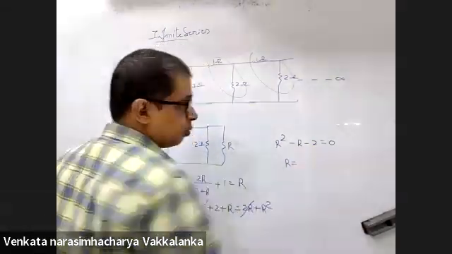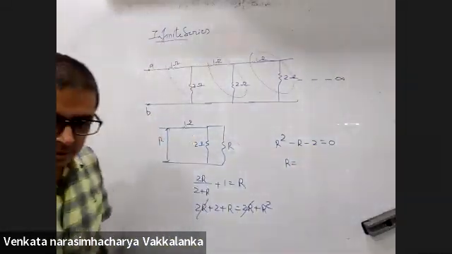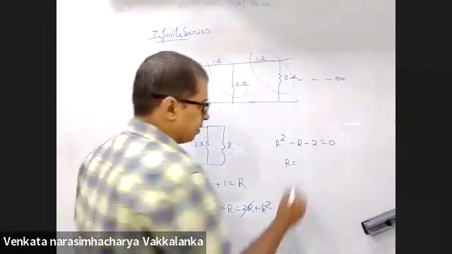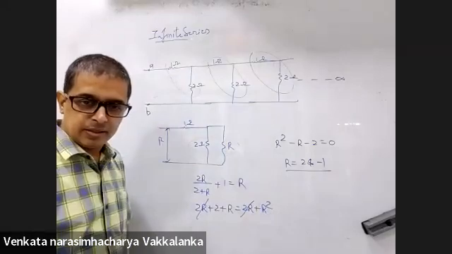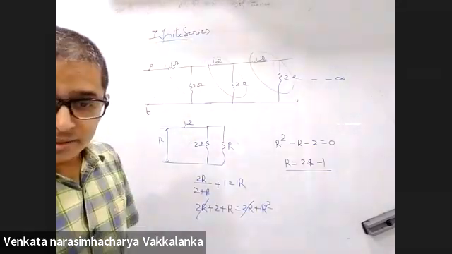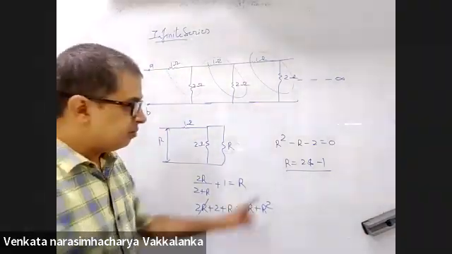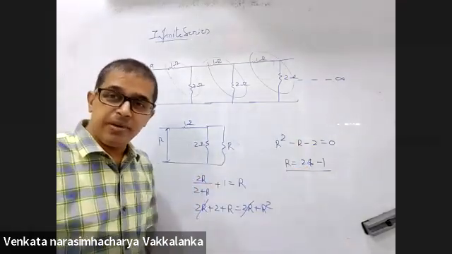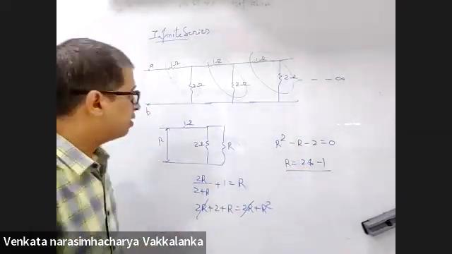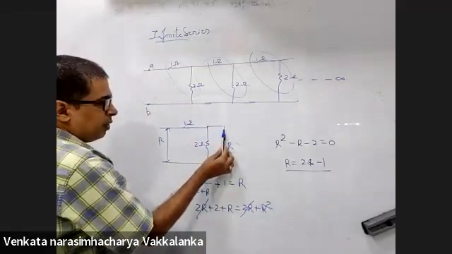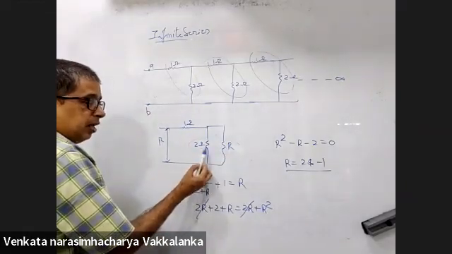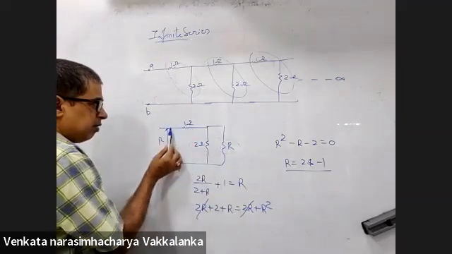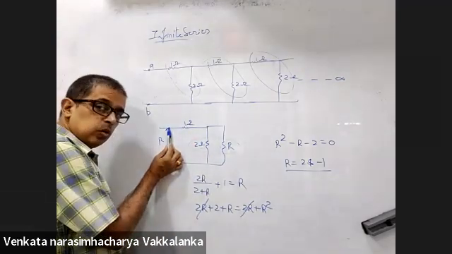Could you tell me the roots of this quadratic equation? 2 and minus 1. Minus 1 I'll eliminate, so 2 is my answer. Have a look, I stop here. I'll get 2. 2 and 2 are in parallel, equivalent resistance is 1. 1 plus 1, am I getting back 2?